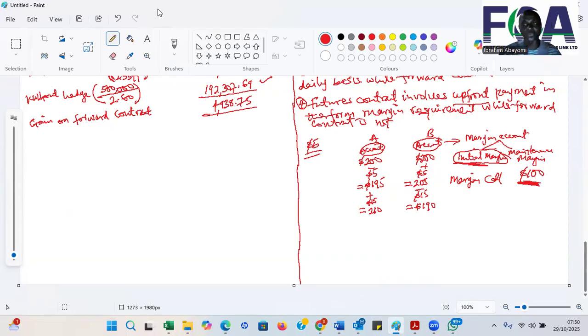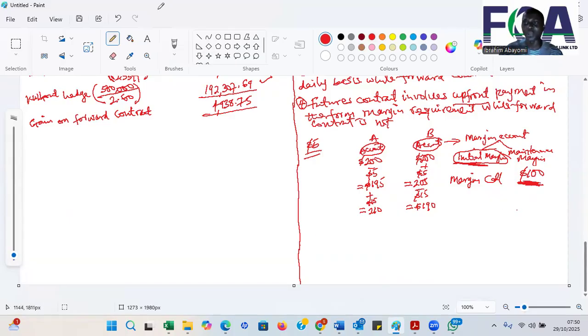The margin call means, okay, Mr. B, your margin account has dropped to $100. You need to come and deposit more funds into the margin account. The funds you deposit must be such that they bring the margin balance back to the initial margin.